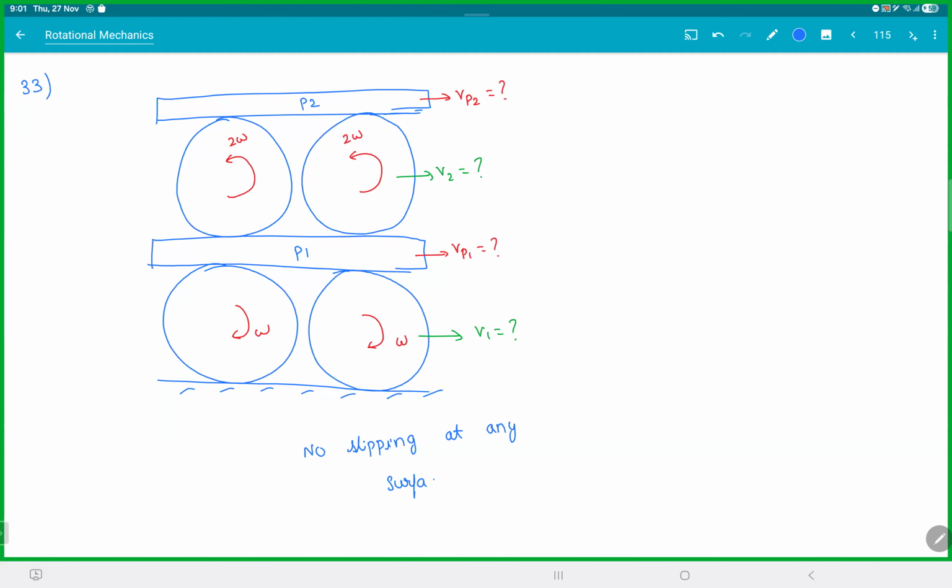There. This is a good one. R is the radius of the cylinder. Both the cylinders, identical cylinders, they're just rotating in different directions. The bottom two cylinders are rotating with omega, upper two cylinders are rotating 2 omega anticlockwise.